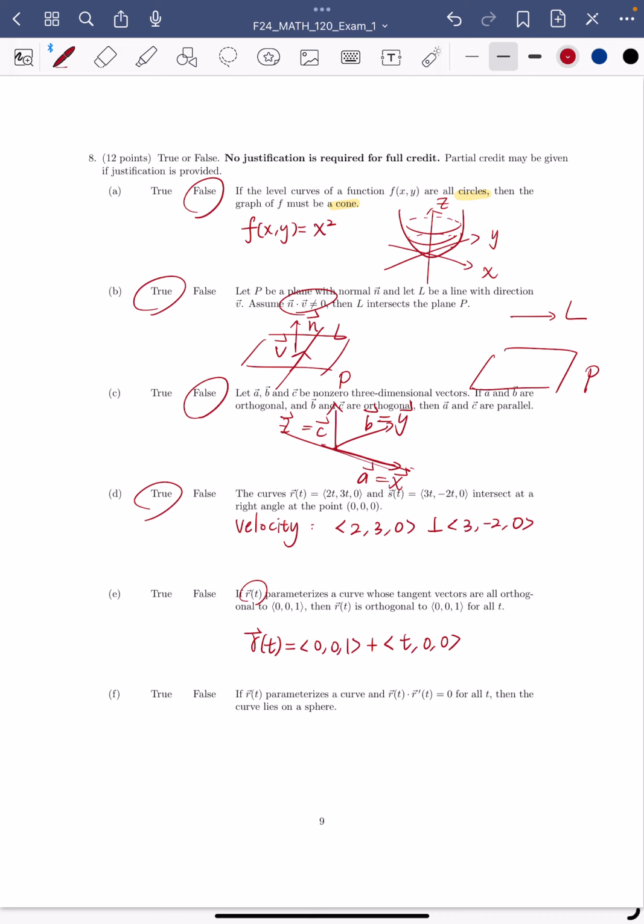Then your tangent vector would be 1, 0, 0 always, which is orthogonal to 0, 0, 1. And this curve passes through 0, 0, 1. So it's not orthogonal to 0, 0, 1. So false.